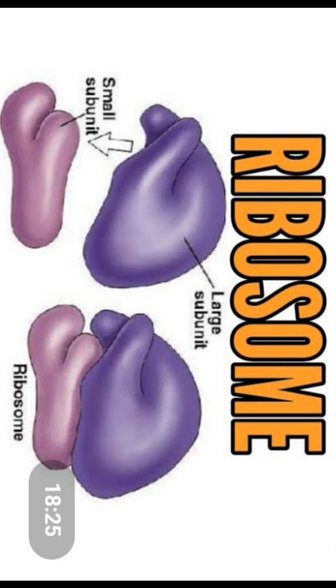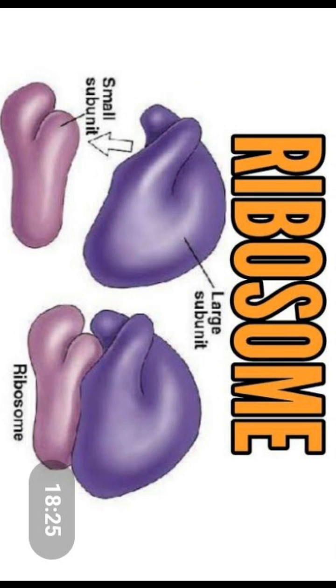So one ribosome, another ribosome, just like a chain, they are attaching. So this ribosome chain attaches to a single mRNA in the cytoplasm of the bacterial cell, and in such a way the polyribosome is forming. The name itself states that poly means many. Many ribosomes are attached to form the polyribosome. It is also called polysome.